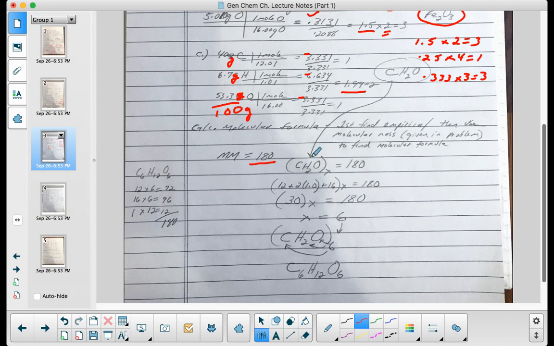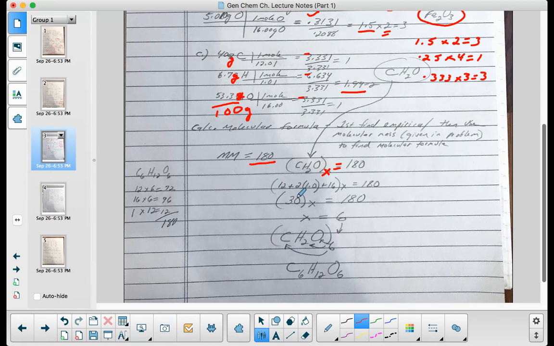I have to be given the empirical or be able to calculate it, as I've learned above. And then what I do is I take that simplest formula and I set it with a subscript of X and set it equal to the molar mass, 180. Again, that's given. So then I find the simplest formula weight, so 1 carbon, 2 hydrogens, 1 oxygen, times X, set it equal to 180.